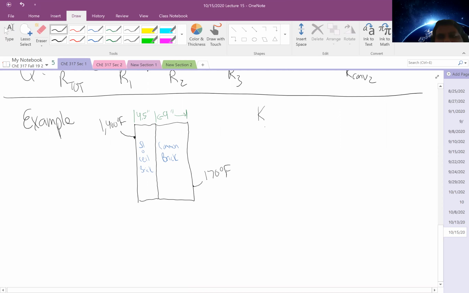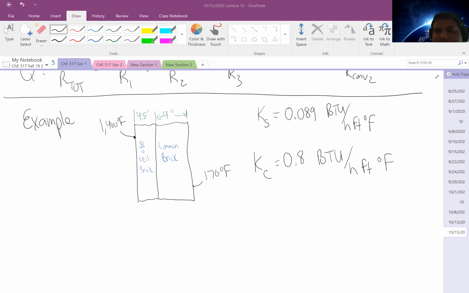The thermal conductivity of the silane brick was about 0.089 BTUs per hour per foot degree Fahrenheit. Of the common brick, it was 0.8 BTUs per hour per foot degree Fahrenheit. So with this in mind, we can determine the heat loss through the wall and the temperature at the interface between the silane brick and the common brick.